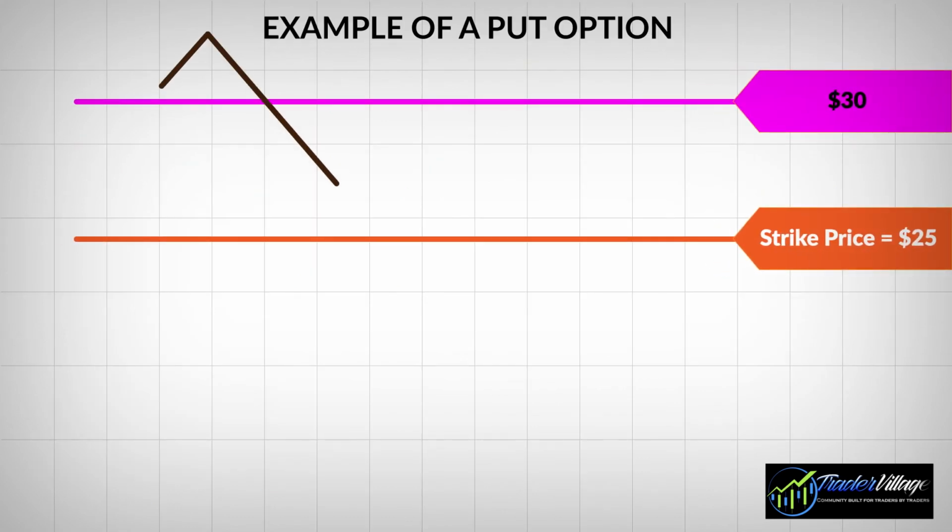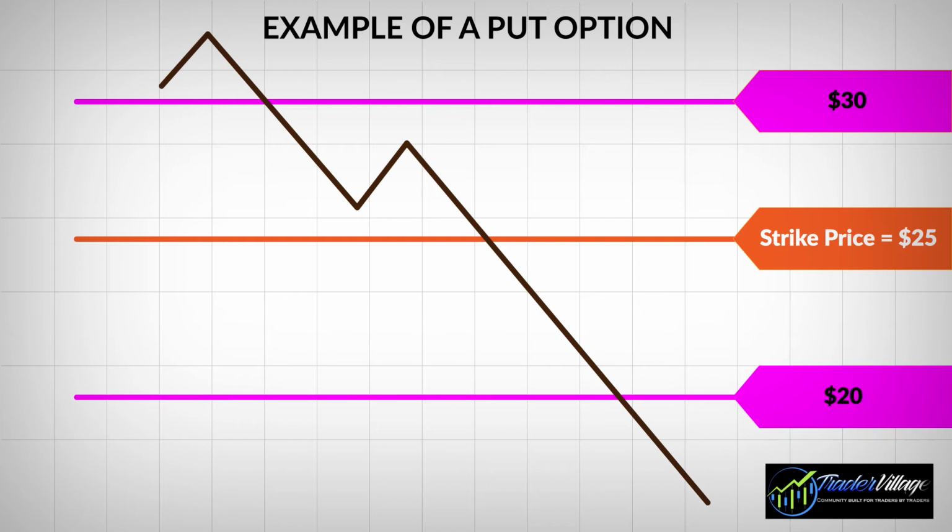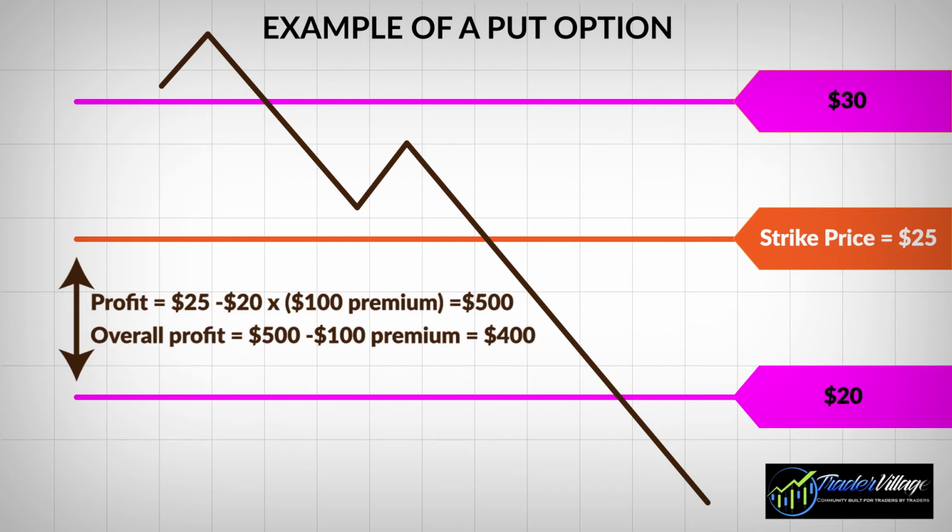If the price of gold stock did fall to a market price of $20, you could execute your right to sell the stock for the agreed strike price of $25 a share. To calculate the profit, you subtract the market price from the strike price, giving you a profit of $5 per share.